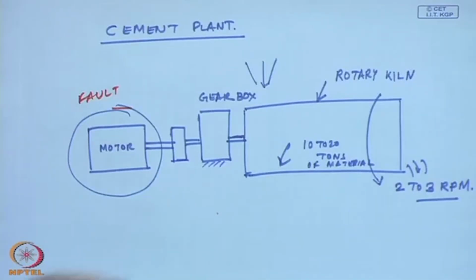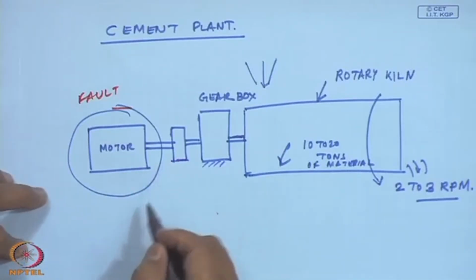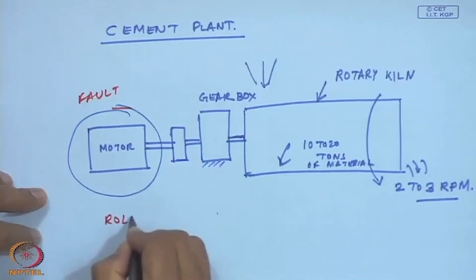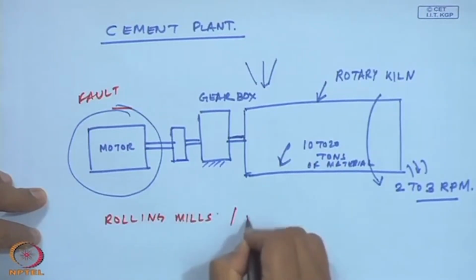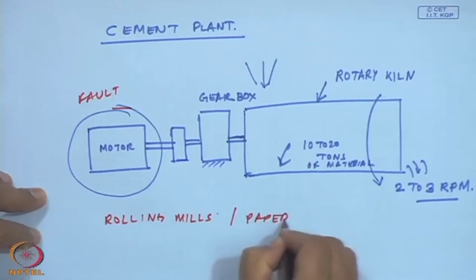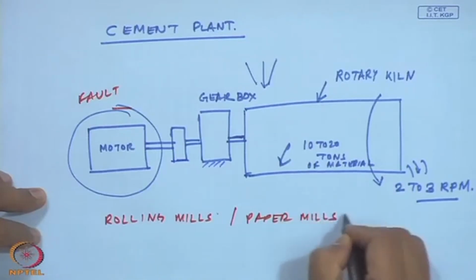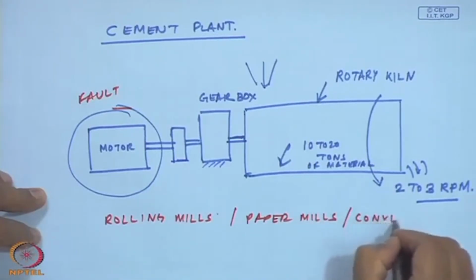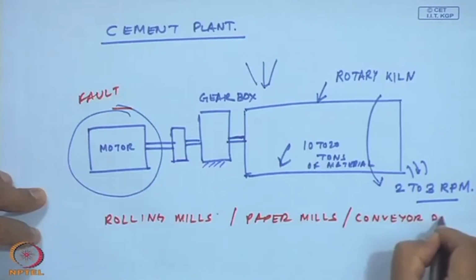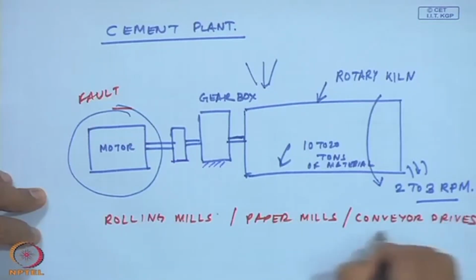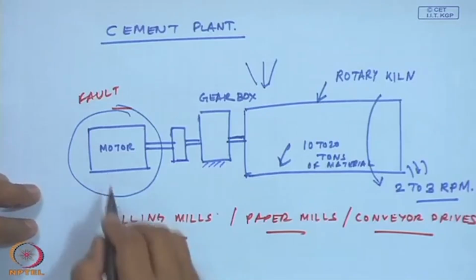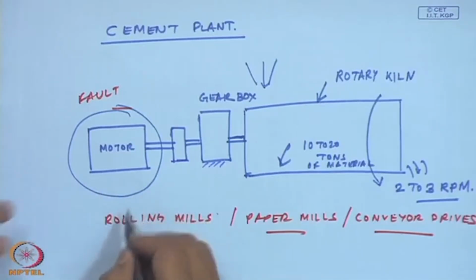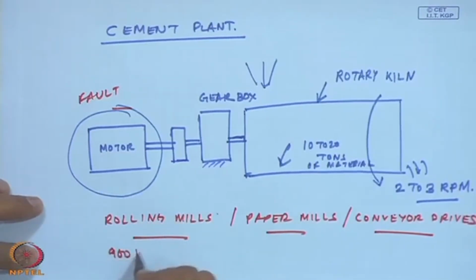So, let us see, and this is the case of a cement plant. The same is true in rolling mills, paper mills, conveyor drives; the powering units are these motors. Motors are usually an AC commutator motor, typically 900 kilowatts in power.